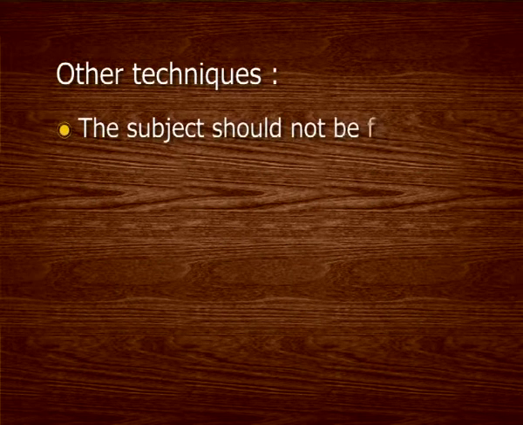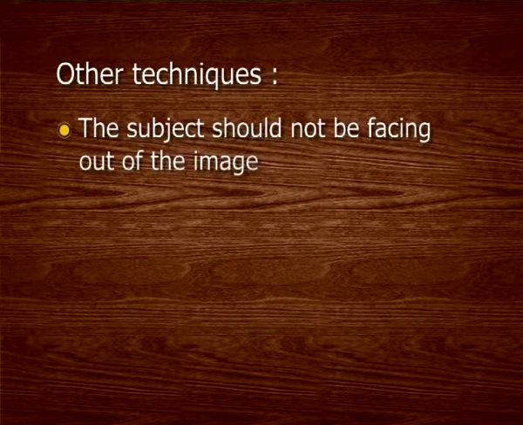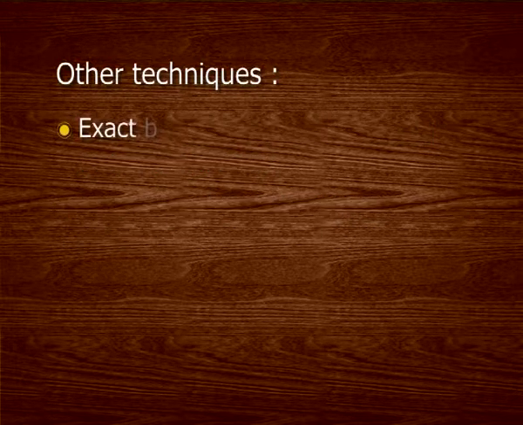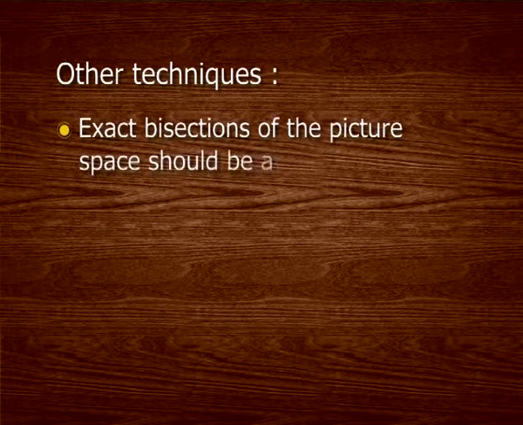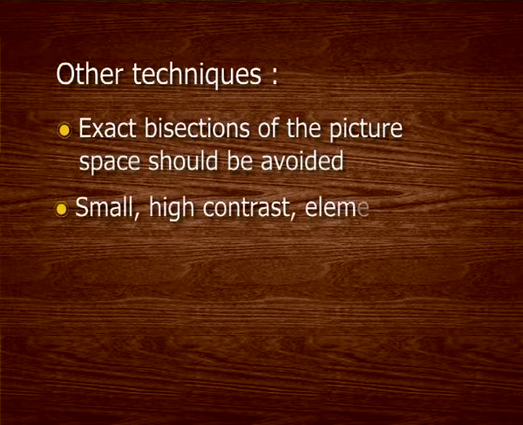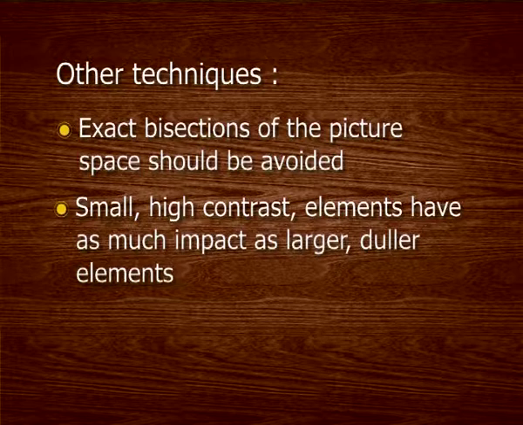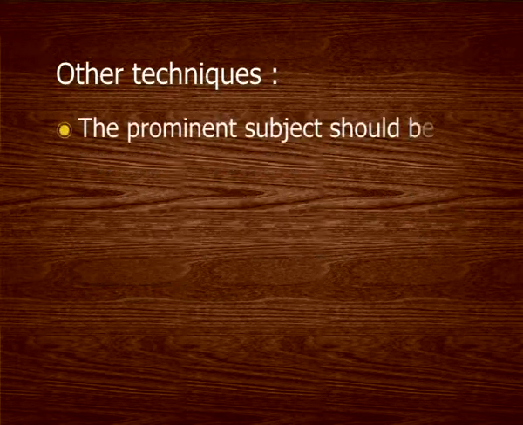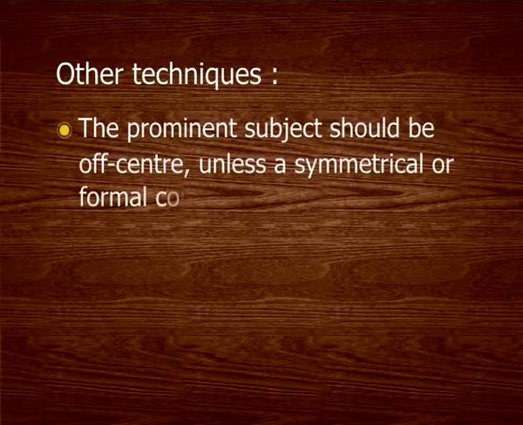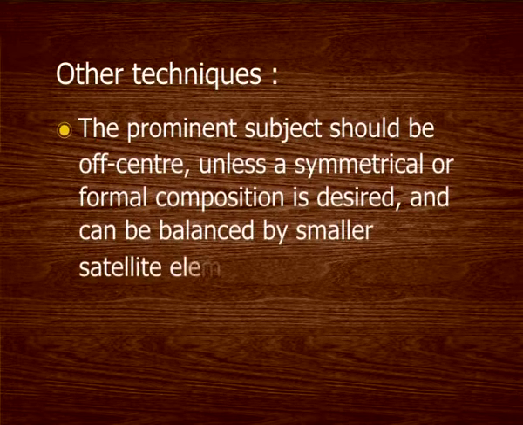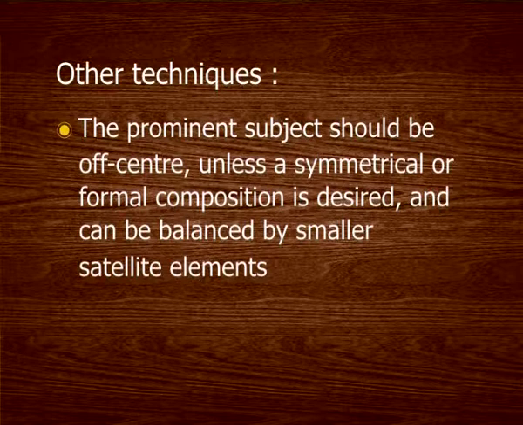The subject should not be facing out of the image. A moving subject should have space in front. Exact bisections of the picture space should be avoided. Small, high contrast elements have as much impact as larger, duller elements. The prominent subject should be off center unless a symmetrical or formal composition is desired and can be balanced by smaller satellite elements.